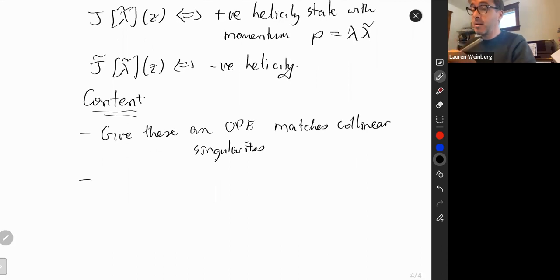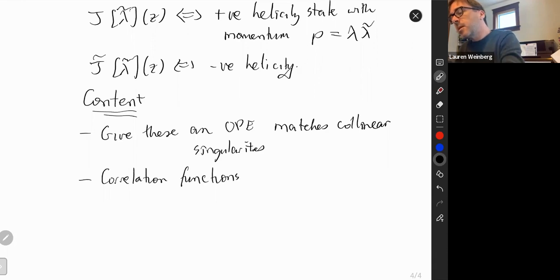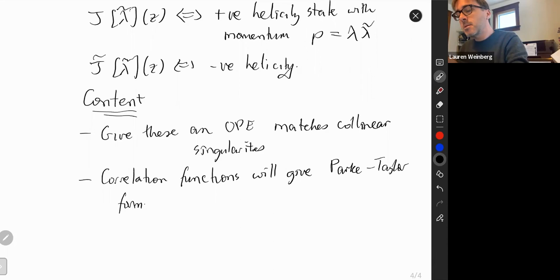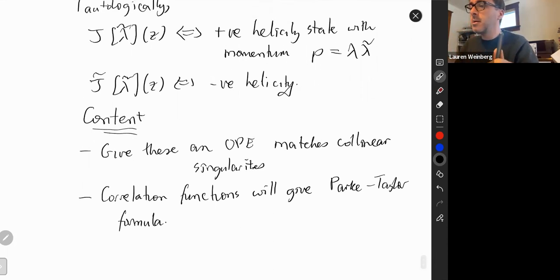And then something Natalie and I observed is that by thinking about correlation functions, we'll get the Parke-Taylor formula for amplitudes. Okay.